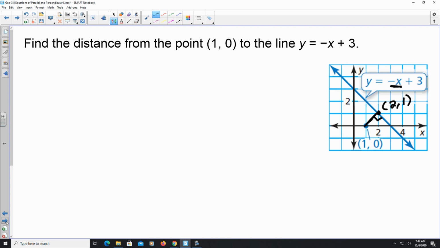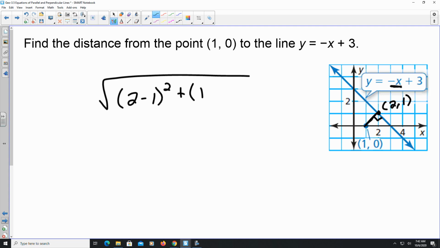So I can use the distance formula to find that distance. This is going to be the square root of x2, which is 2, minus x1, which is 1, squared, plus 1 minus 0, quantity squared. 2 minus 1 is 1, and 1 squared is 1. 1 minus 0 is 1, and squared that is also 1.